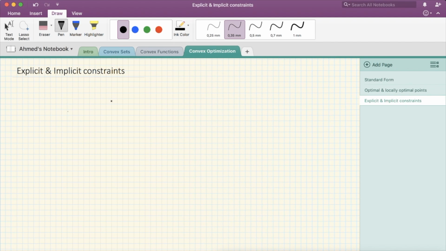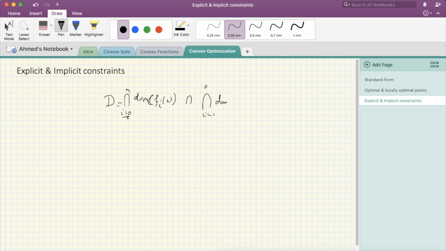Let us first define a domain, call it D, which is the intersection of all domains of definition of my constraints. So in other words, it is the intersection of, oh, and by the way, including the cost function, okay? So i equal to 0 is going to be the domain of f0 of x, also intersected with the intersection of the domains of my h functions.